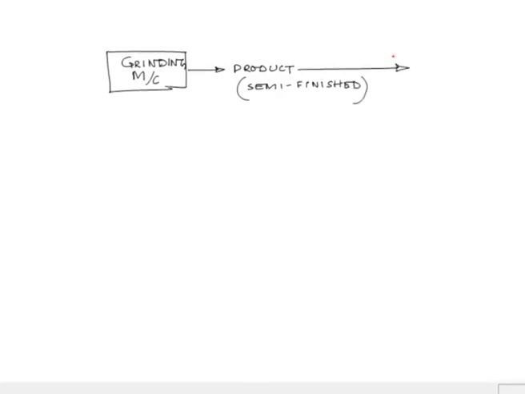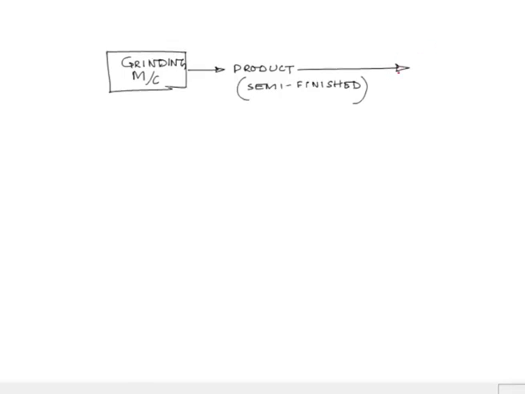Then whatever we are getting as output from the grinding machine, this is the product. This product is again a semi finished product, because it does not meet the criteria of the hardened surface.